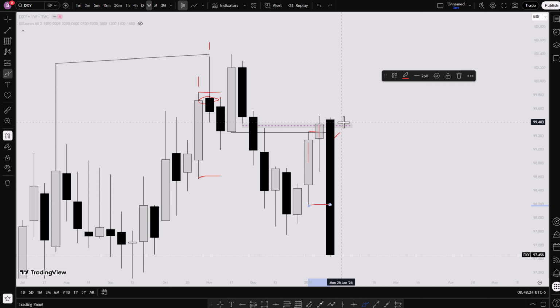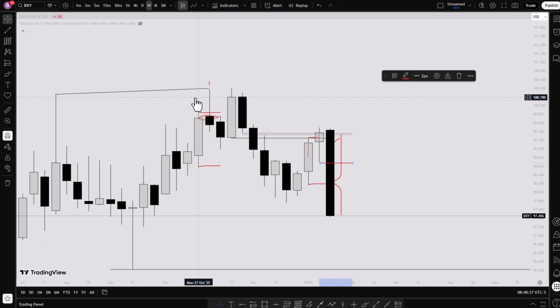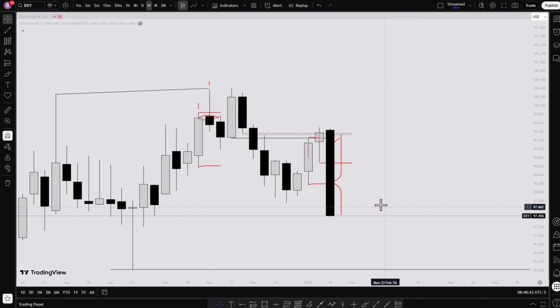However, with the bearish move last week, we see price has closed below candle 2. So we know that price is what? Price is bearish and is heavily bearish with a strong expansion.